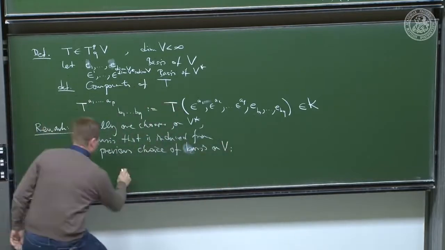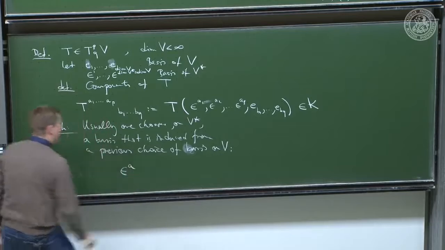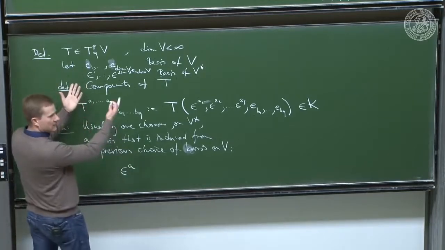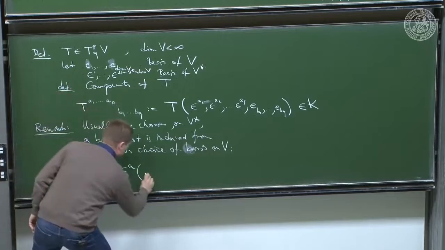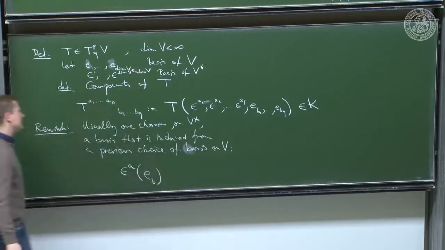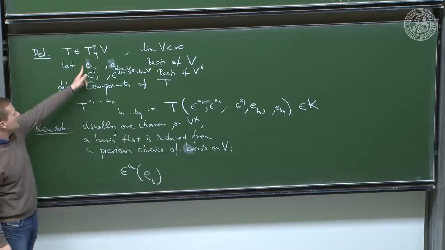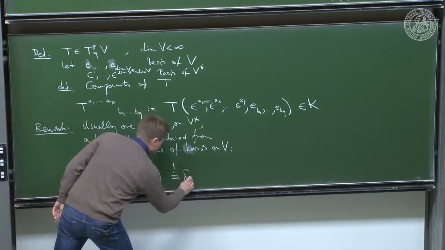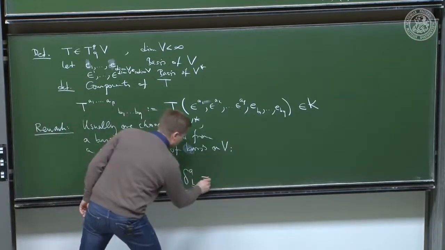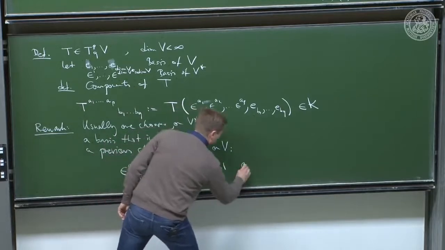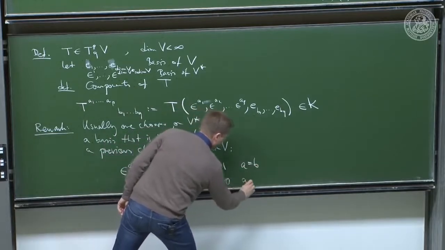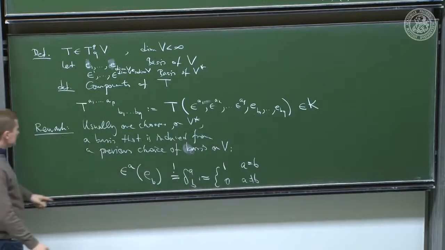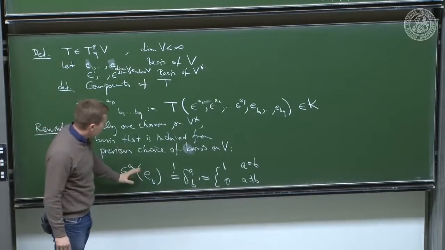By what condition? By the condition that the eighth basis vector of V star is a covector, right? As a covector, it can eat a vector. For instance, it can eat the bth vector of the basis of V, and you require that this be delta AB, where delta AB is just a symbol that's 1 if A equals B, and 0 if A is not B. And this is a linear relation, and it has a unique solution.